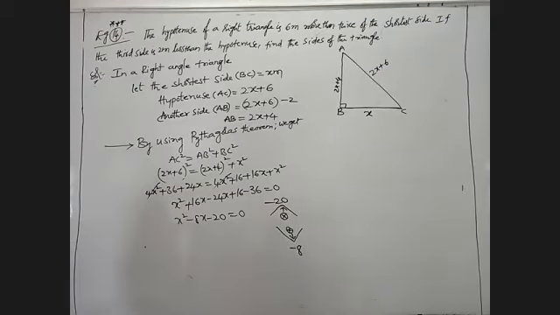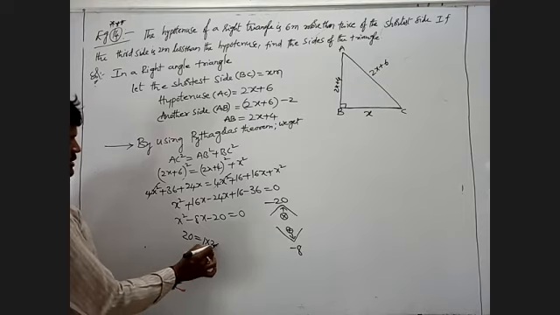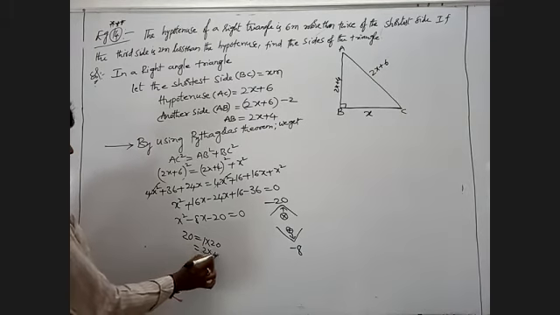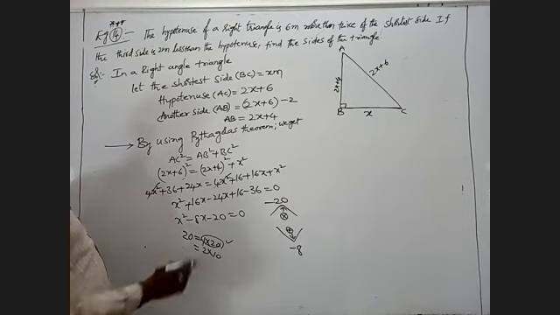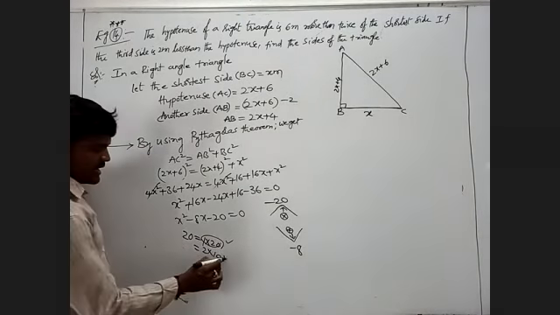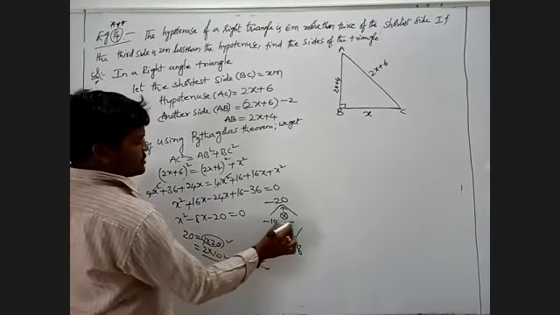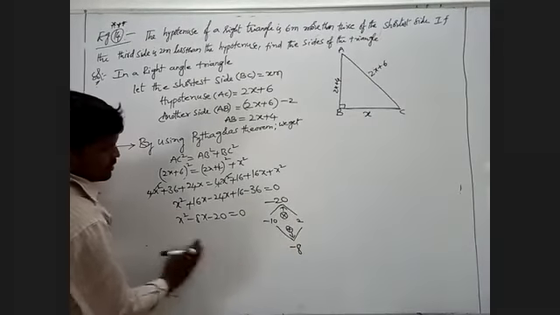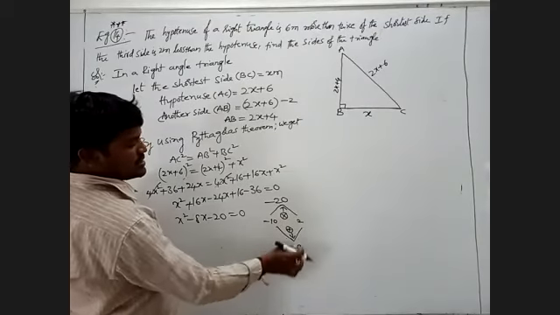The factors of 20 are 1 into 20 and 2 into 10. 1 and 20 add to 21, which does not satisfy minus 8. I will take 10 and 2, with minus 10 plus 2, which gives product minus 20 and sum minus 8.